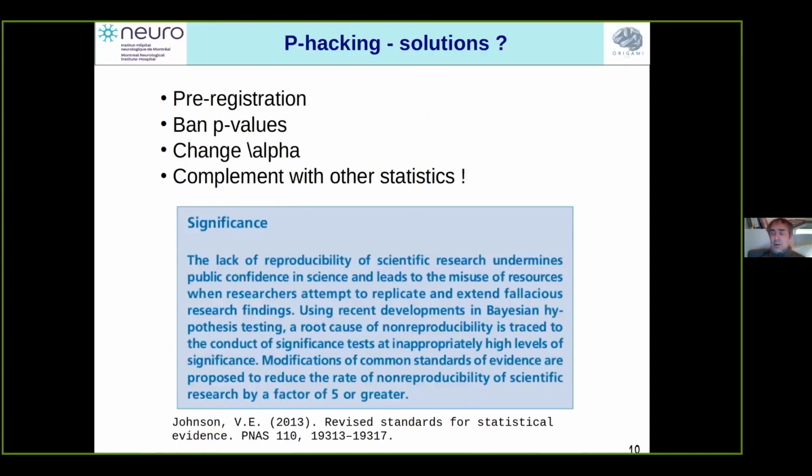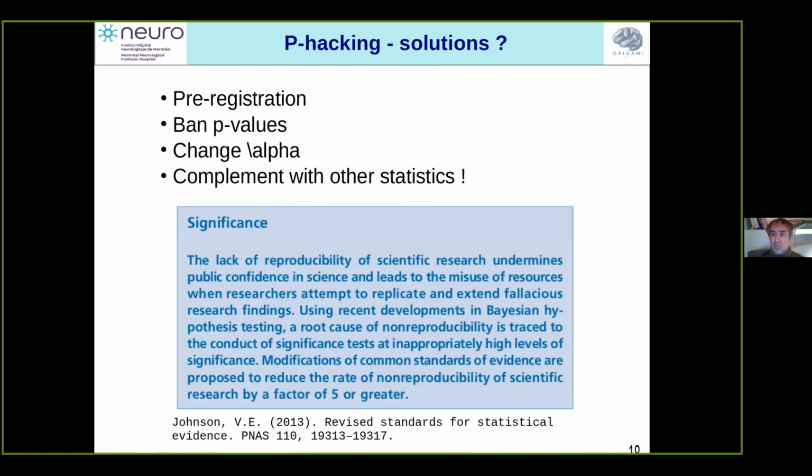And there is a solution to that, which is slowly implemented in the literature, too slowly, but still there is some movement in that direction, which is pre-registration, where you actually specify exactly what kind of analysis you're going to do, and then you can ask the journal to review your plan, and if the plan is accepted, then the results will be published, even if those results are not significant.